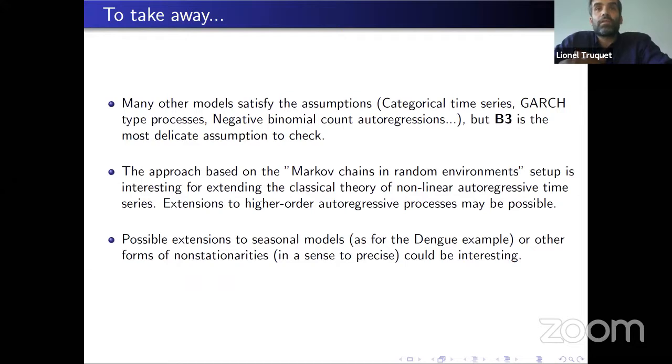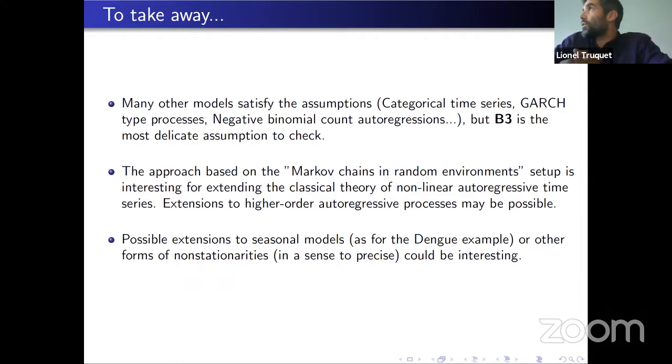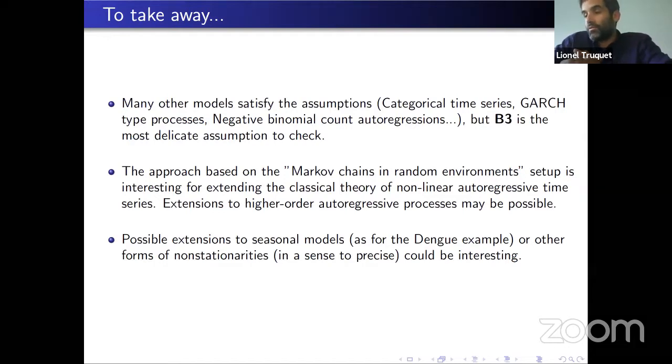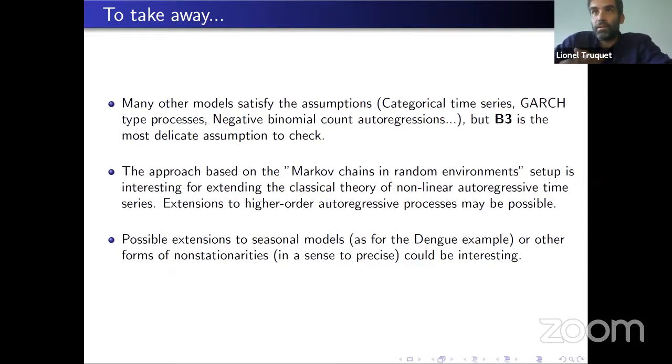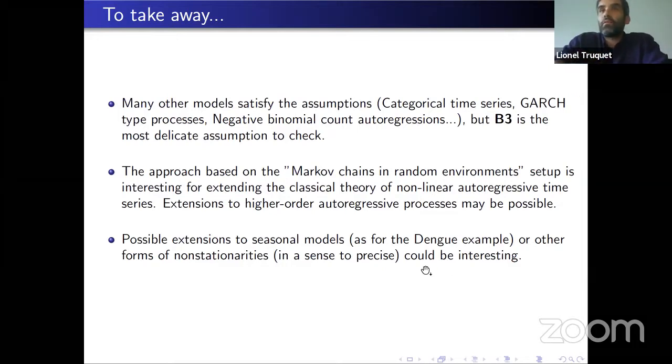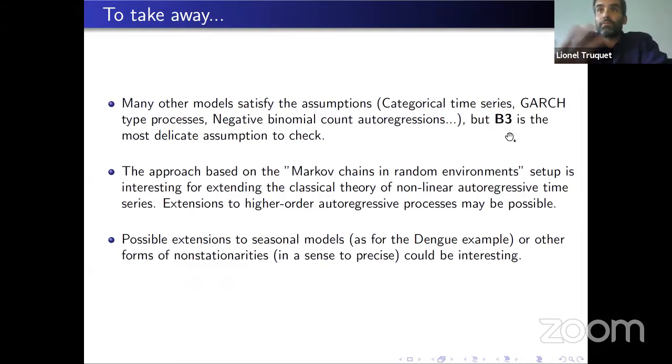For instance, for GARCH processes, we can take other types of count distribution, for instance the negative binomial, which is always interesting to model the overdispersion of the data, which is not possible, of course, with the Poisson distribution. But for the last set of assumptions, what is quite difficult to check in practice is B3. But at least we can still define some interesting classes of models.